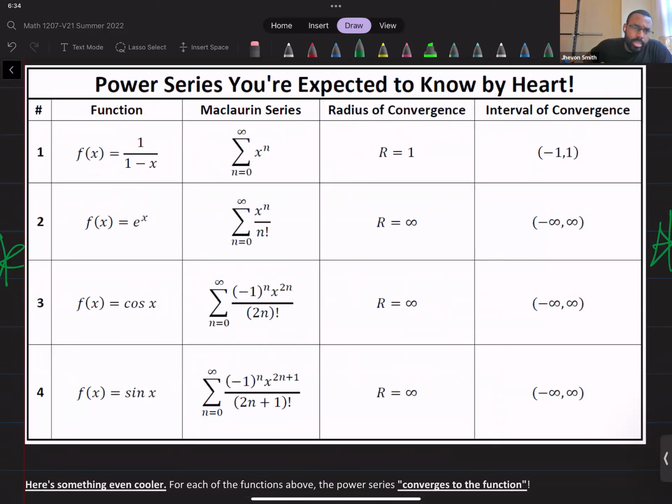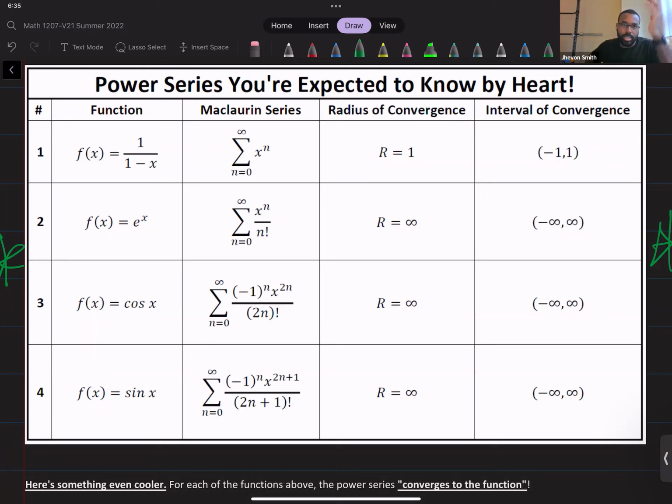So obviously f of x at 0, you would get 1. Then the derivative of that would just be 1 over 1 minus x squared. You plug in x equals 0, you get 1 again, and the power of the denominator will go up to a cube, to a fourth.